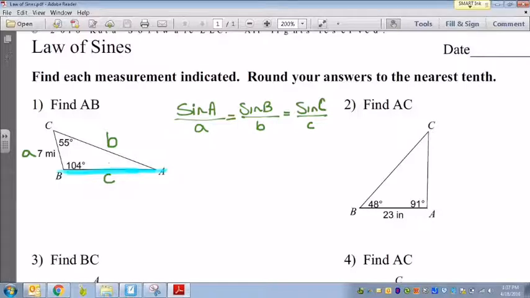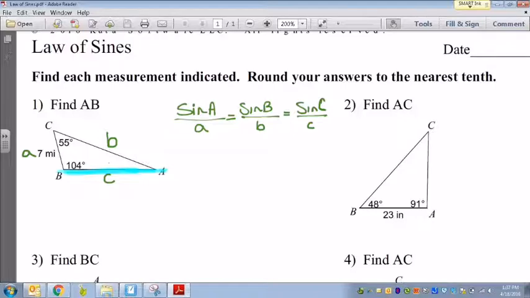So here, angle C, we don't know side c. Angle B, but we don't know side b. Angle A, we don't know angle A, but we do know side a. So if I could find angle A, that would be great.